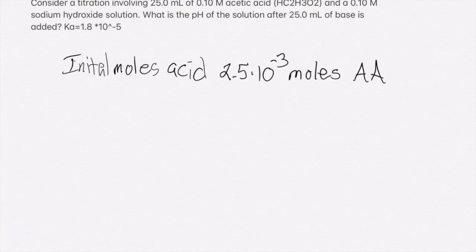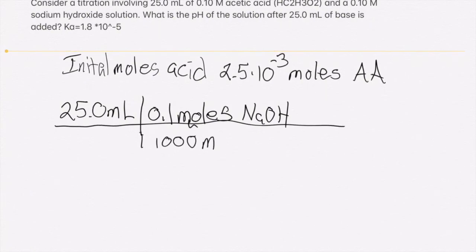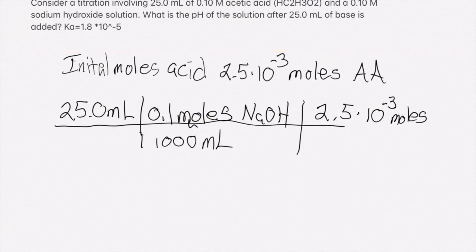We've now gotten to a point where we've added 25 milliliters of our base, which was 0.1 molar, which means we have 0.01 moles of our sodium hydroxide for every 1 liter or 1,000 milliliters. And so we are confirming we do have an identical number of moles of both acid and base.